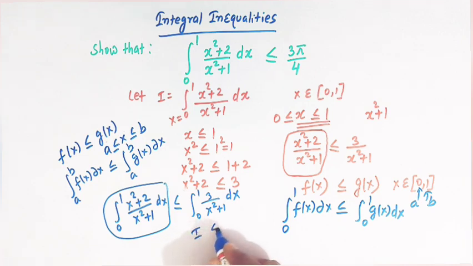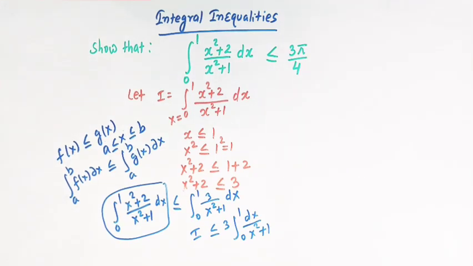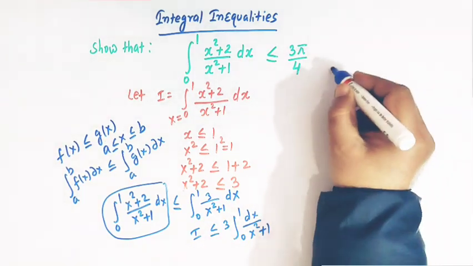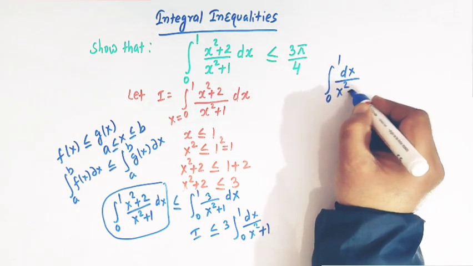So we have I less than or equal to the integral from 0 to 1. We can take this 3 outside the integral, then we have dx over (x square plus 1). Now we have to find the value of this integral from 0 to 1 of dx over (x square plus 1).